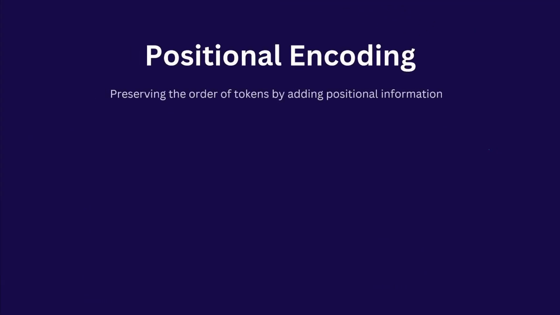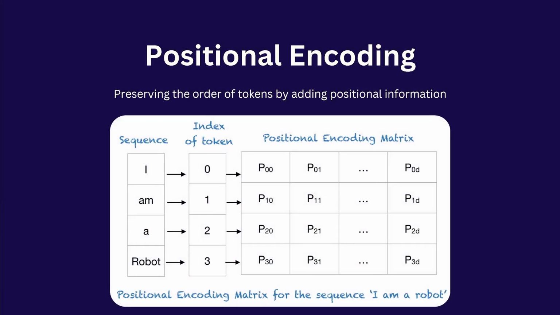These are the three very basic things. The first is tokenization, the second is the vocabulary, the third is the embeddings process. But there are many more things that we should understand so that we can understand the transformer architecture. So the next one is positional encoding. Positional encoding is a technique that is used to preserve the order of tokens in the input.